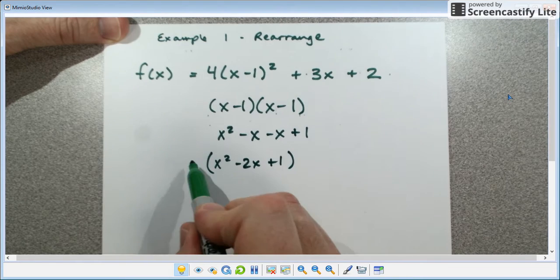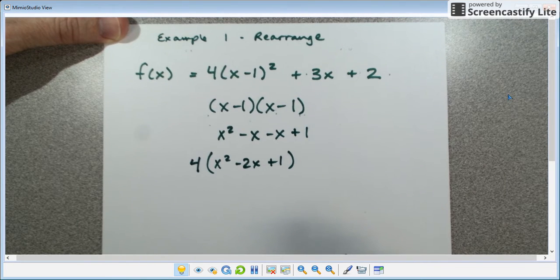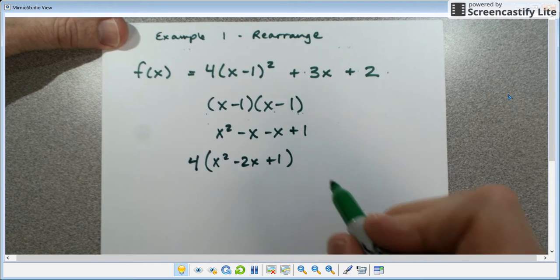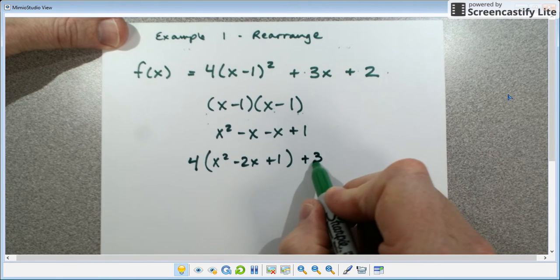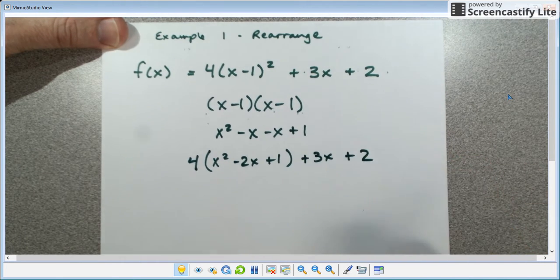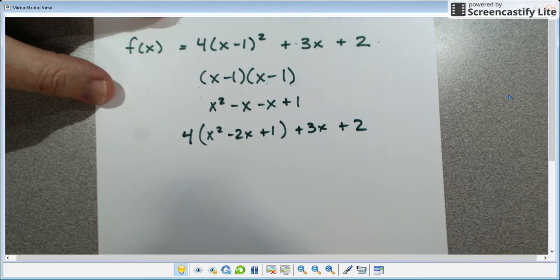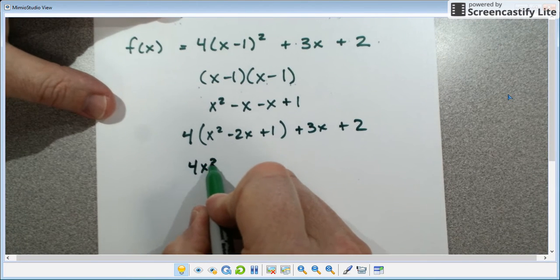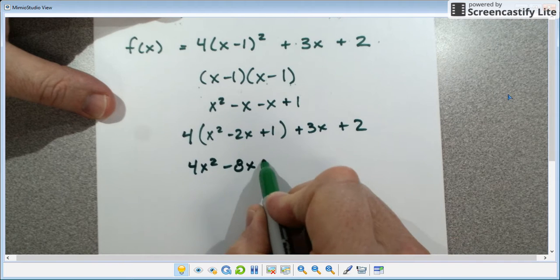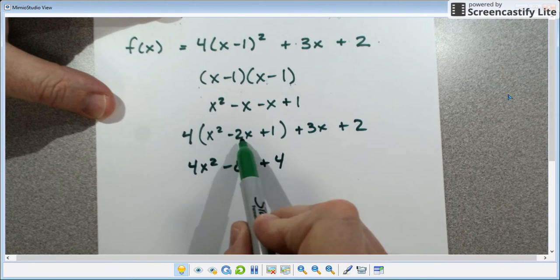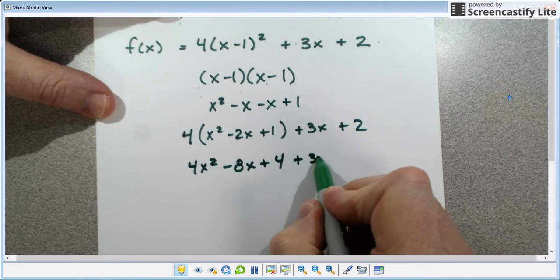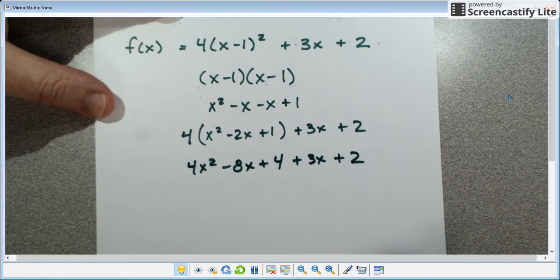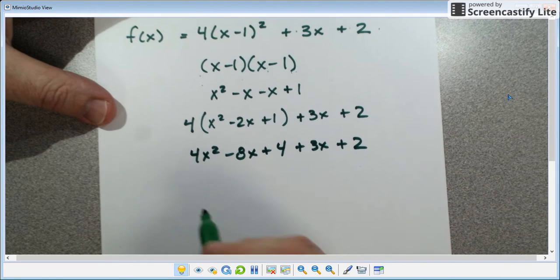We'll bring down our 4. So we have 4 times the quantity x squared minus 2x plus 1. And then bring down our 3x, bring down our plus 2. We're going to now distribute that 4 through. So we'd have 4x squared minus 8x plus 4. The 4 gets distributed to each term. Now we have plus our 3x plus our 2. And of course, we begin to then combine like terms.